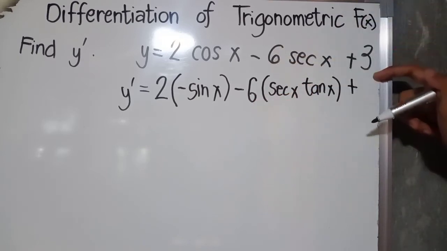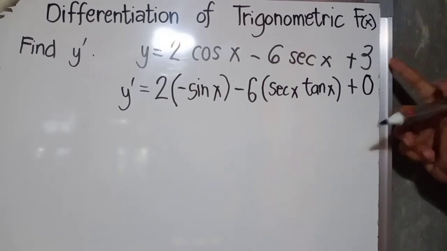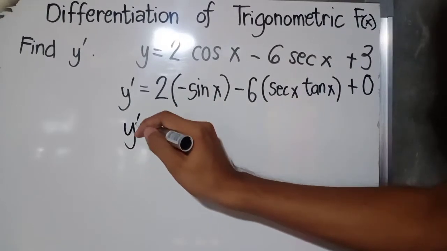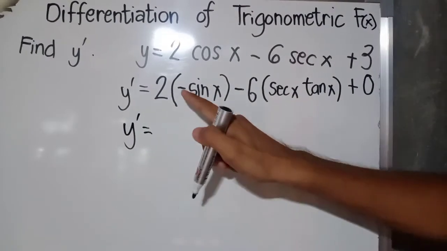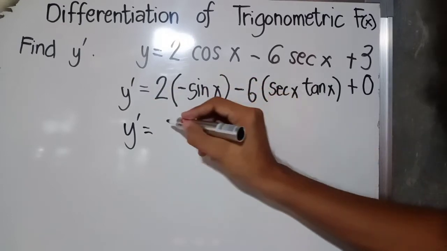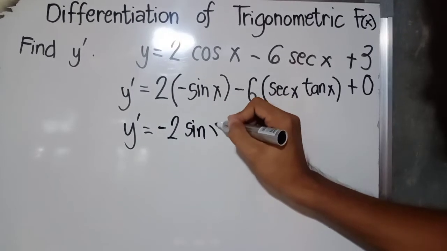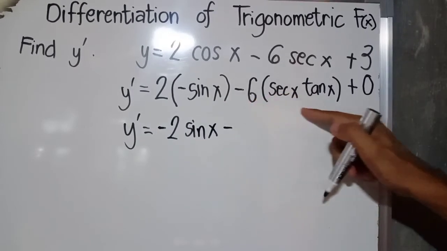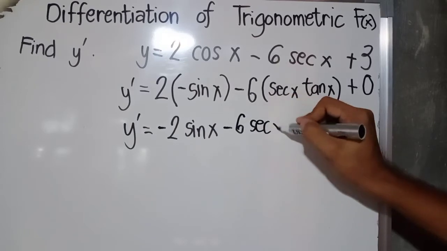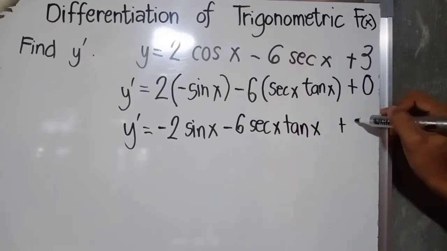At sa last term, derivative ng 3, which is already 0 because this is a constant. So, based on that, you're just going to simplify. So, negative 2 times negative sine x is negative 2 sine x. Then, minus, you just multiply 6 with secant x tan x plus 0.